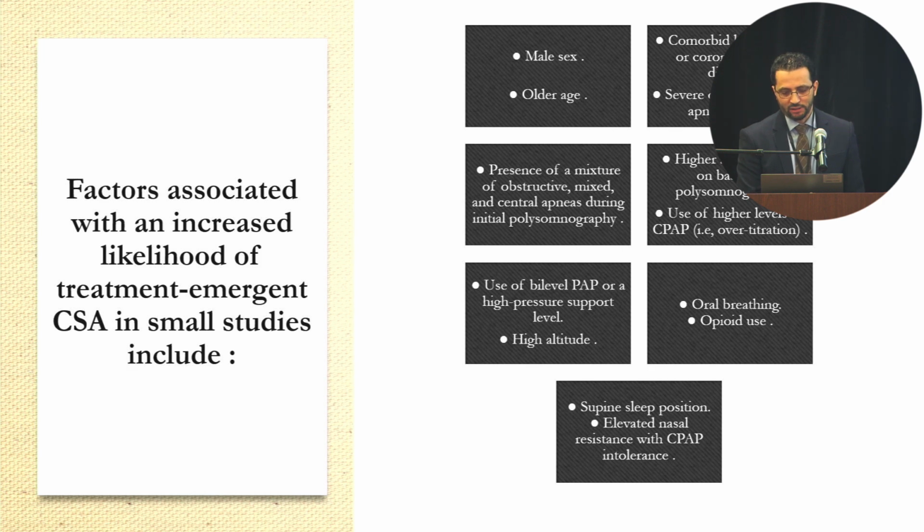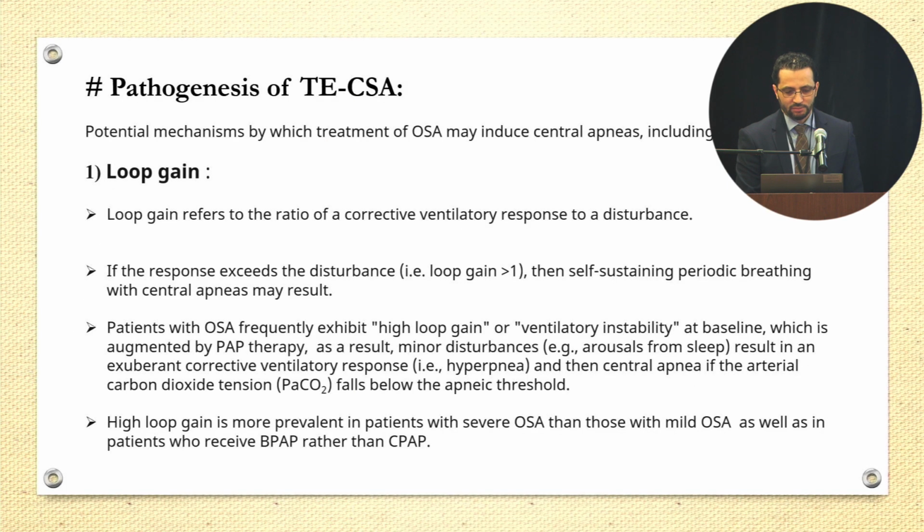Again, elevated nasal resistance, which we had a nice talk on this morning, can cause CPAP intolerance. How does this treatment emergent central sleep apnea develop? There are multiple mechanisms. There's something called loop gain, which is the ratio between the corrective ventilatory response to the disturbance. So you have the disturbance, which is either arousals or hypoxia, then the patient tries to correct for that, but there's overcorrection.